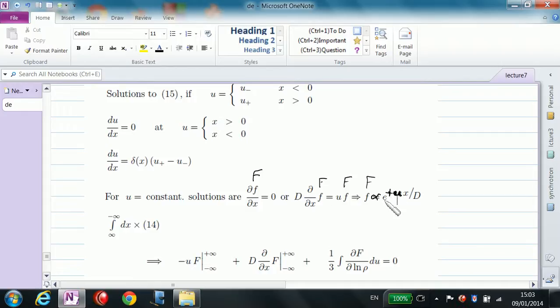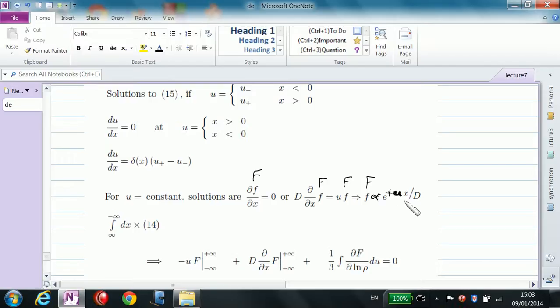So we pick the constant solution downstream, but upstream we want the particle flux at minus infinity to vanish because the cosmic rays are being made at the shock.